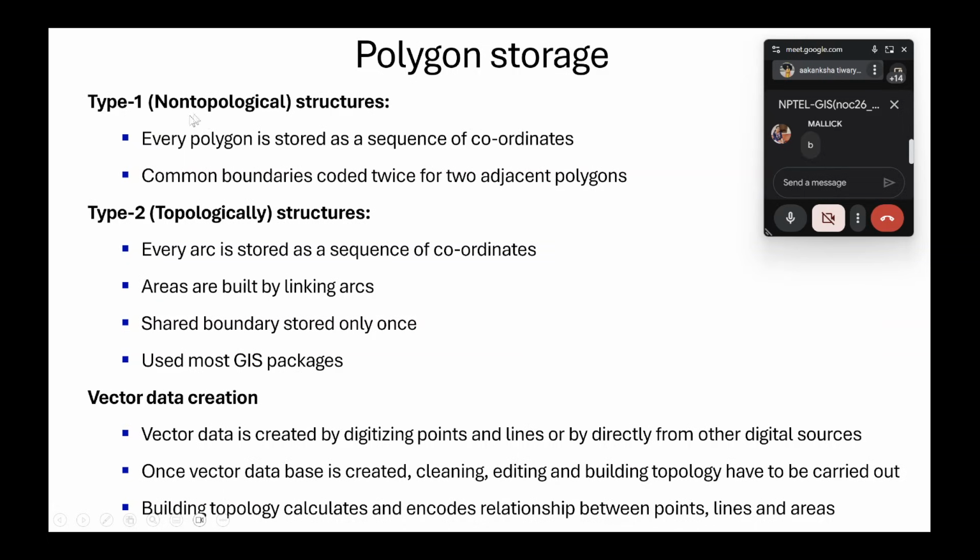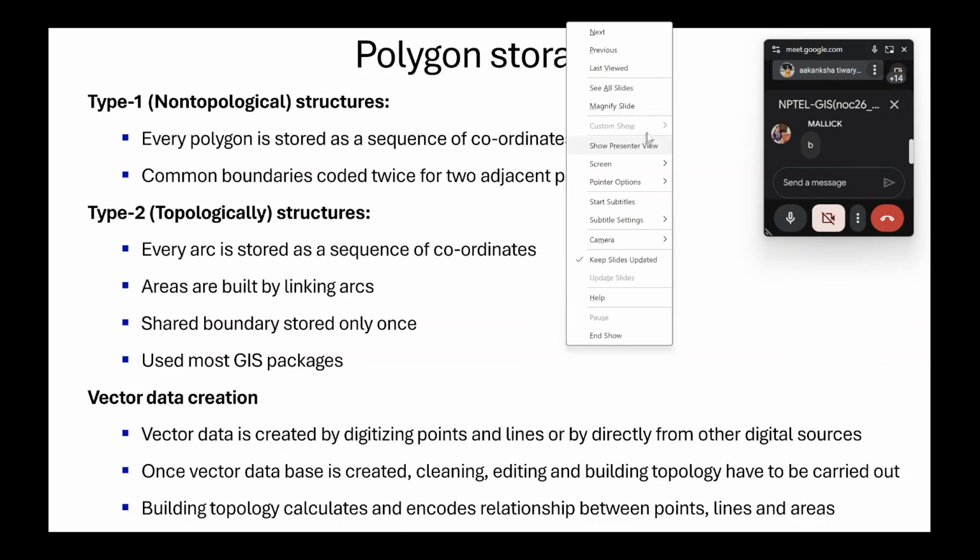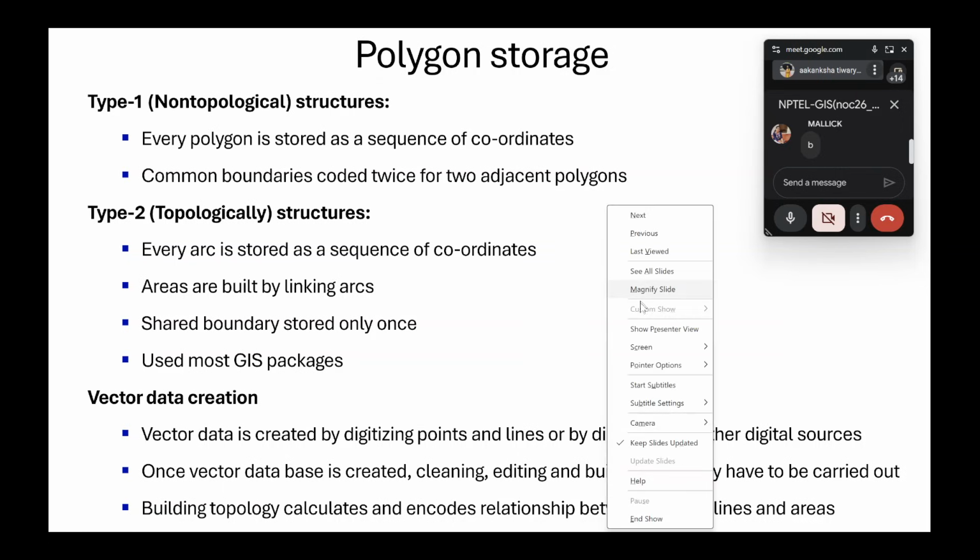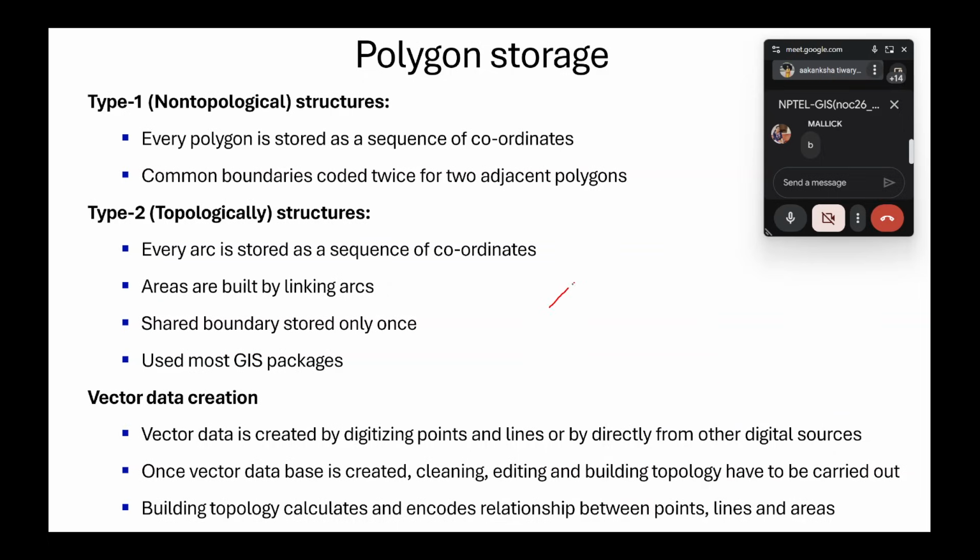In this, every polygon is stored as a sequence of coordinates, and the common boundary is coded twice for two adjacent polygons. Suppose there is this feature, a lake here, and then there is some feature here.